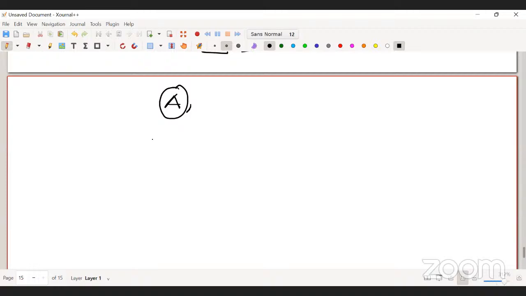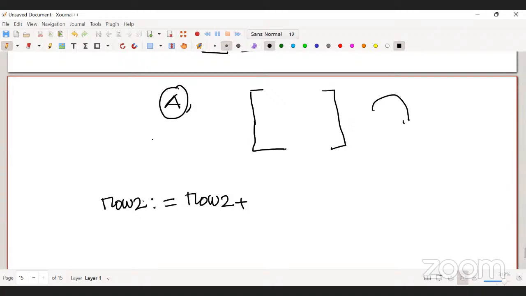Sir, let's take a 3x3 matrix. Then row 2 is transformed to row 2 plus a times row 1. So you are changing row 2, to row 2 plus a times row 1, right?